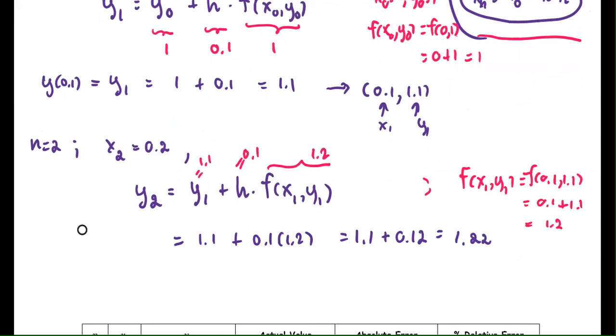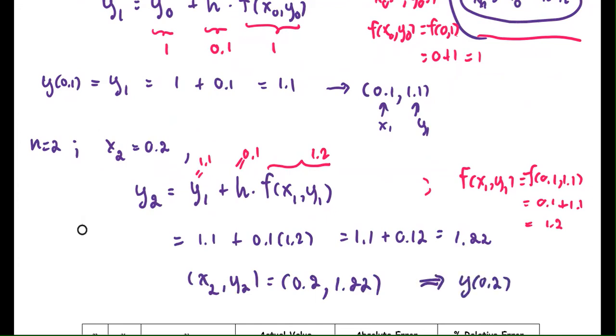And then the next ordered pair is x2 comma y2 as 0.2 comma 1.22. Since our goal is to approximate y at 0.2, y at 0.2 is approximately equal to 1.22 based on the step size h equals 0.1 using Euler's method.